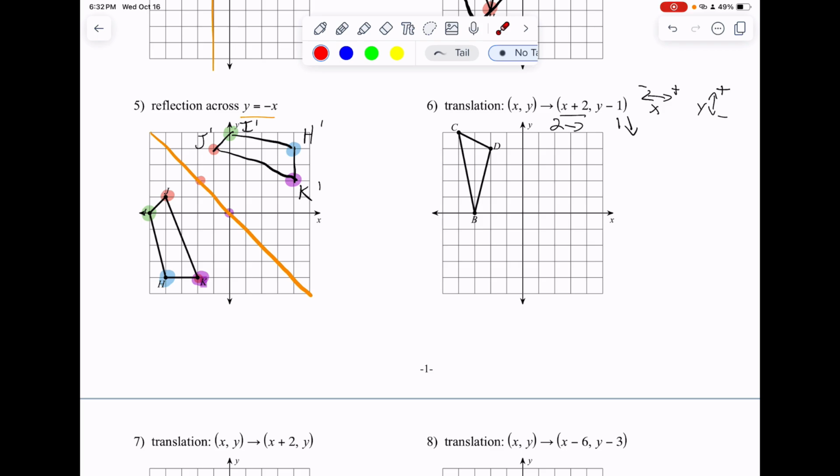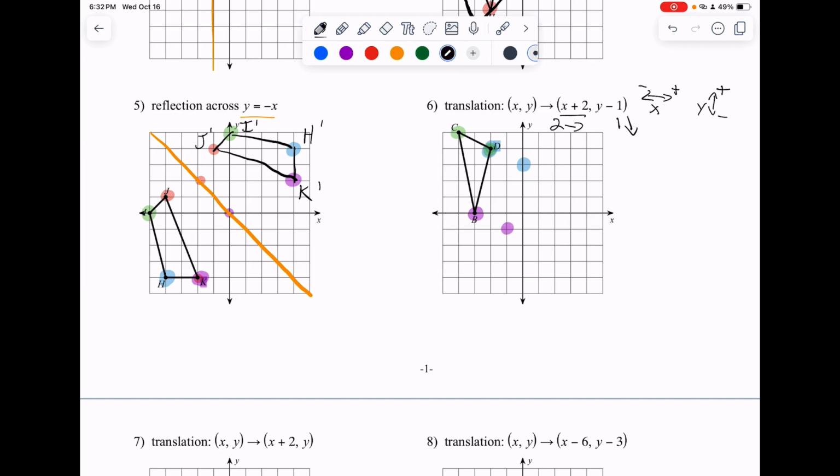So for each of these, I'm going to go 2 right, 1 down, 2 right, 1 down, 2 right, 1 down. Let's color code them again. So D will move here. And C will actually go on top of the D. It kind of mixes in with its old spot. And B, go 2 right and 1 down.